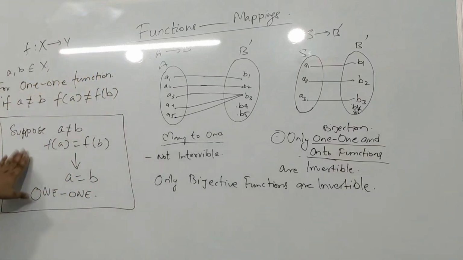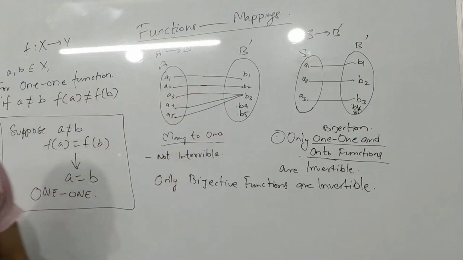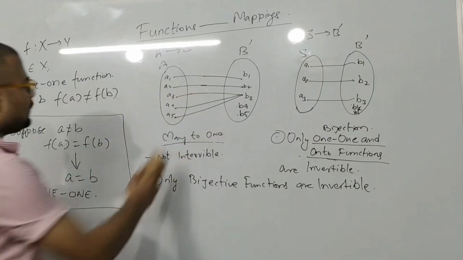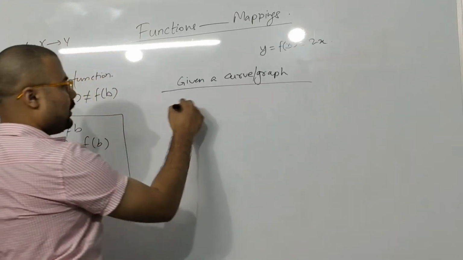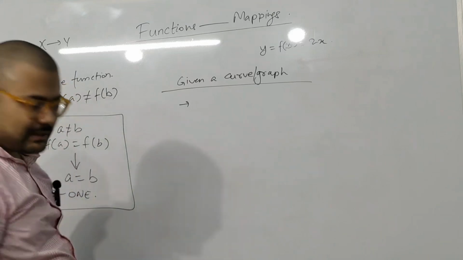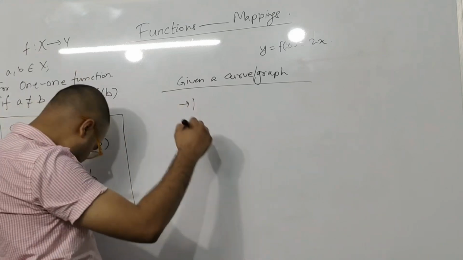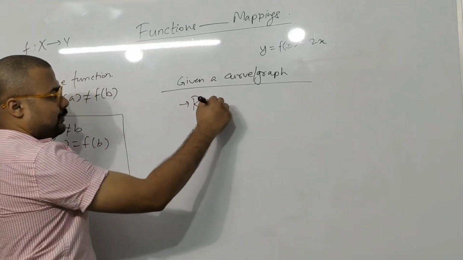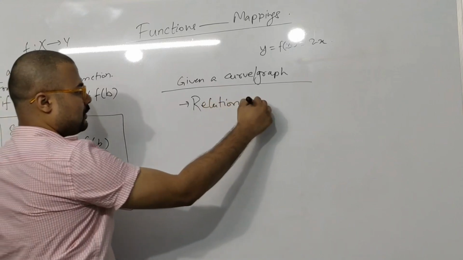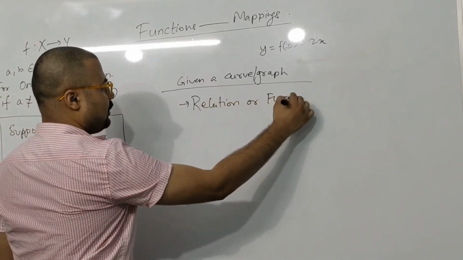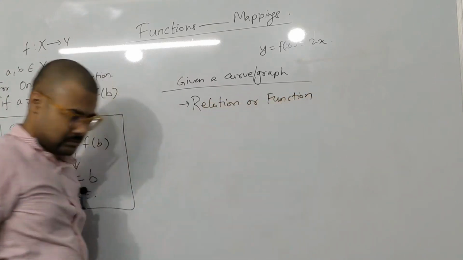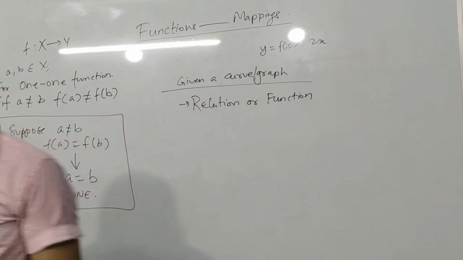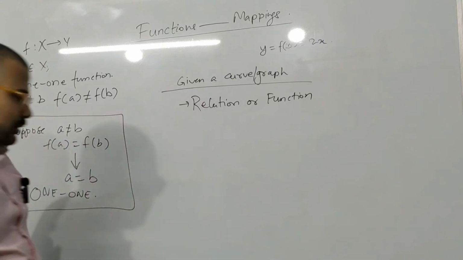I will explain it again, but I'm removing this. If we have to know if it's a relation or a function, how do you find it?